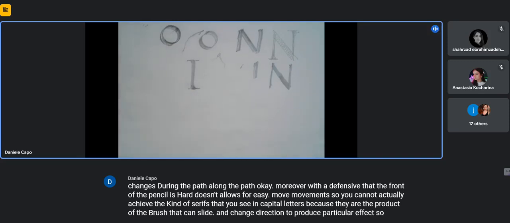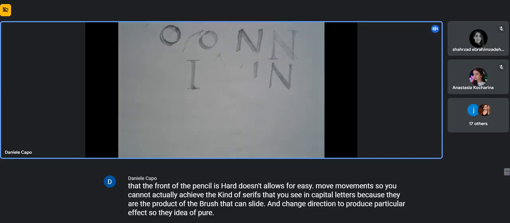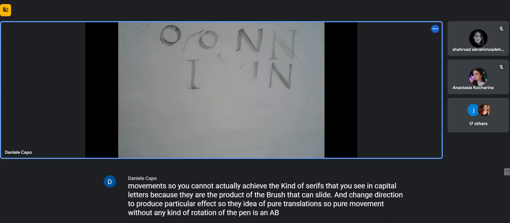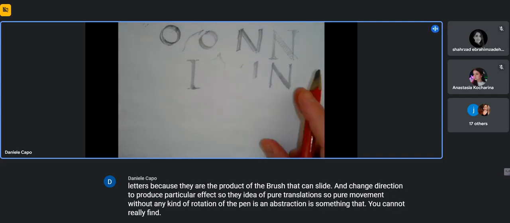So the idea of pure translation, pure movement without any rotation of the pen, is an abstraction, something that you cannot really find in actual writing.